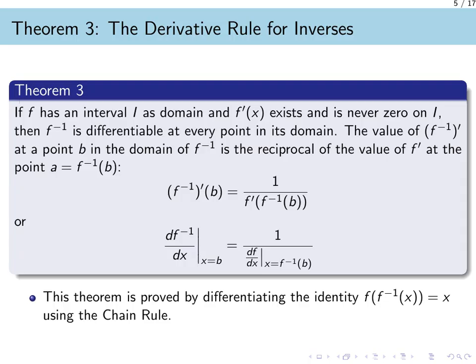For instance, the function f of x equals x squared has a slope of 4 at the point (2, 4). Its inverse, the square root of x, has a slope of 1/4 at the corresponding point, (4, 2). The essential thing to remember is that the slopes of a function and its inverse at these corresponding reflected points are simply reciprocals of each other.